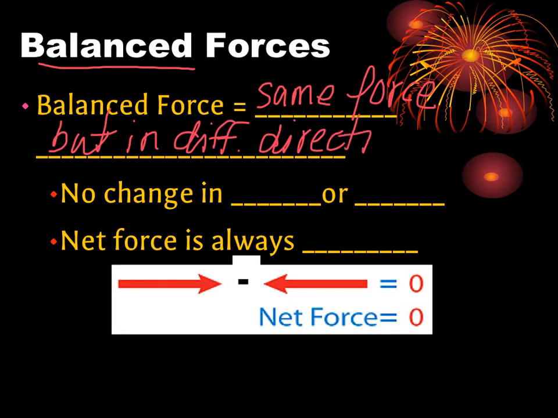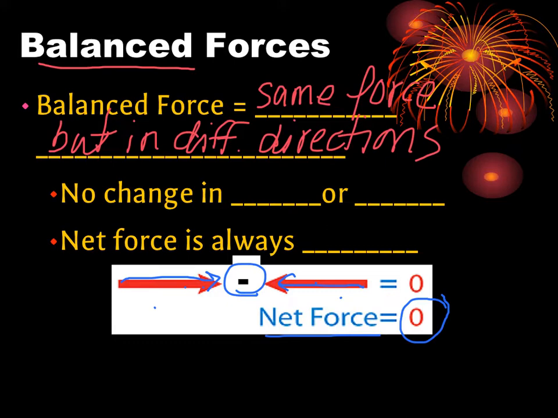Well, I can see that example down below here. I've got the same amount of force on one side as I do on the other. Because they're going opposite directions, I would subtract them, giving my net force a total of 0, meaning I am completely balanced on one side compared to the other side.